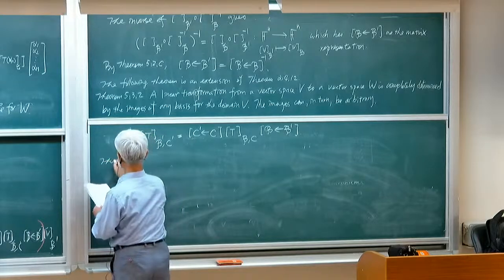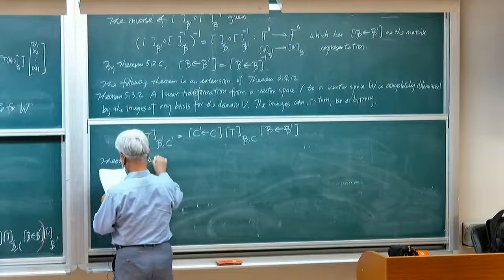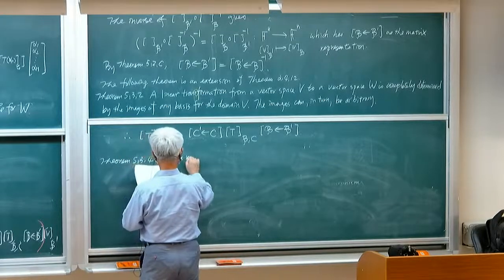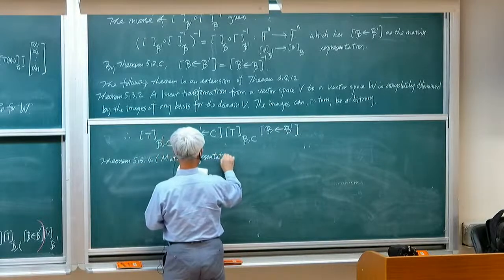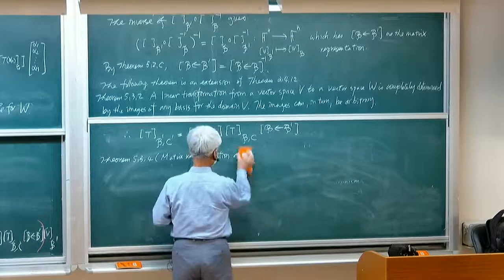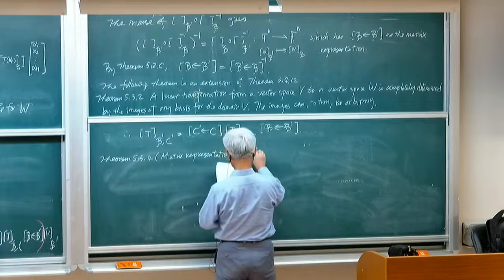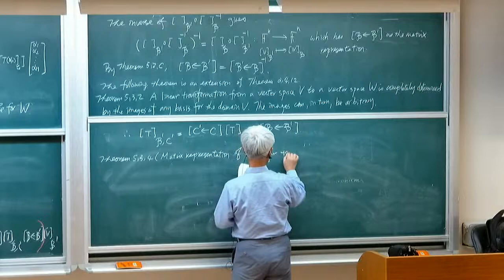Okay? And so we have Theorem 5.3.4, the matrix representation of a linear transformation.